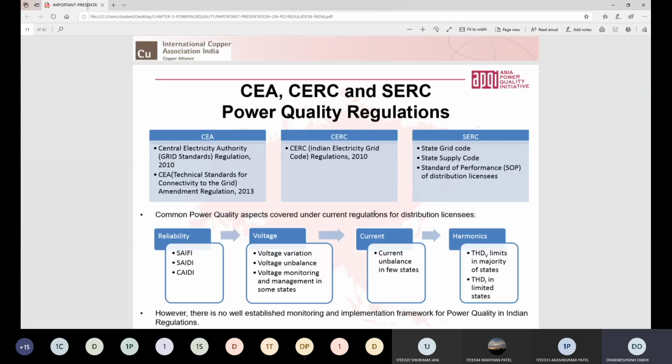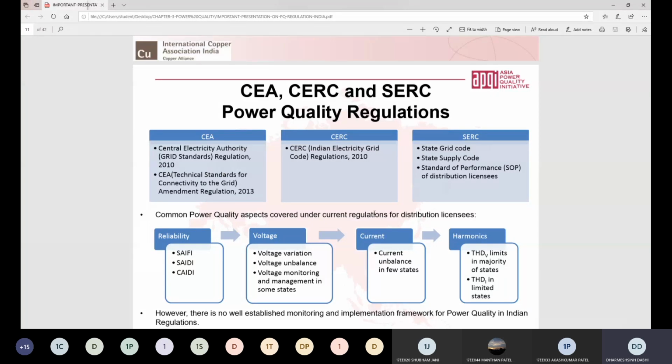One is CEA, that is nothing but the Central Electricity Authority, which is under the Government of India, under the Ministry of Power. The main objective of CEA is to formulate the national electricity plan every 5 years for optimum utilization of available energy resources for power generation. Another objective is to promote R&D and state-of-the-art technology in the power sector.